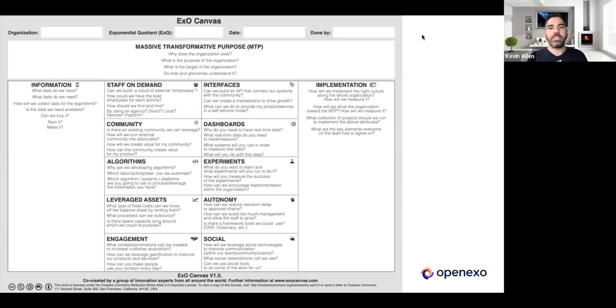So if as a team you say, okay, we're going to focus on staff on demand, community and crowd, leveraged assets and engagement, that ultimately is going to create an imbalance in terms of your external versus internal focus. And so I would recommend just let's look at 2 and 2. That's the simplest way to go about it. So that you are focusing both internally and externally of the organization.